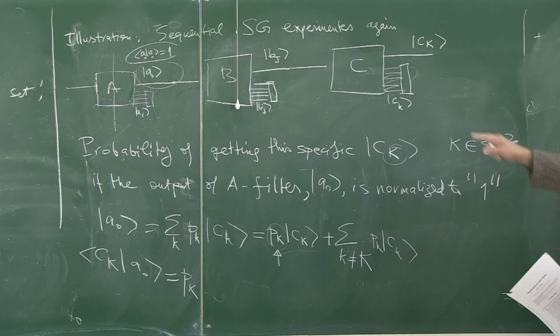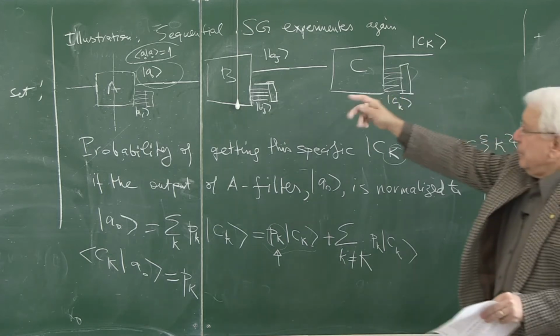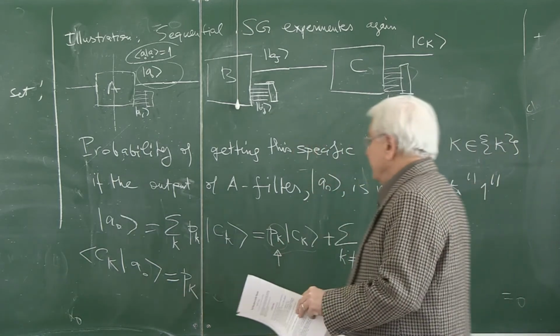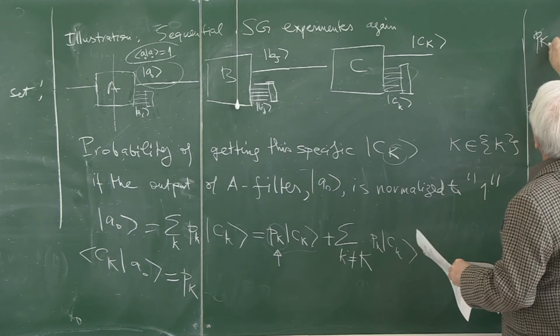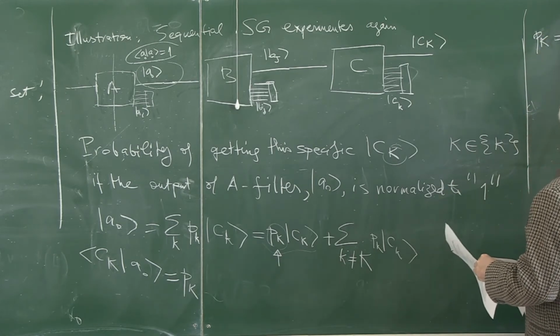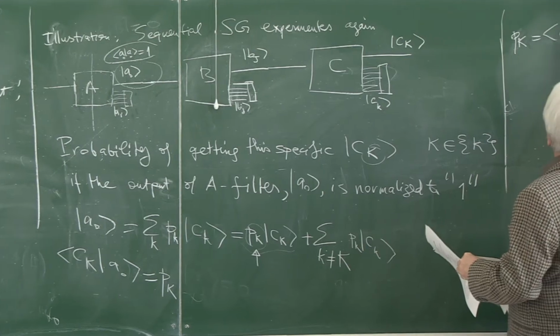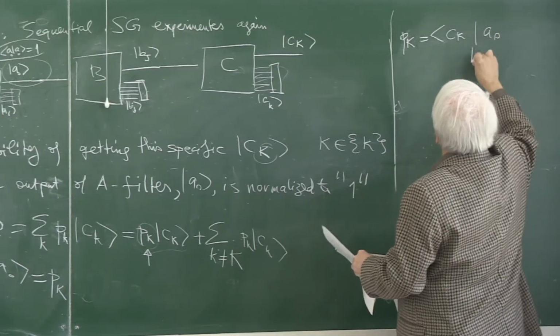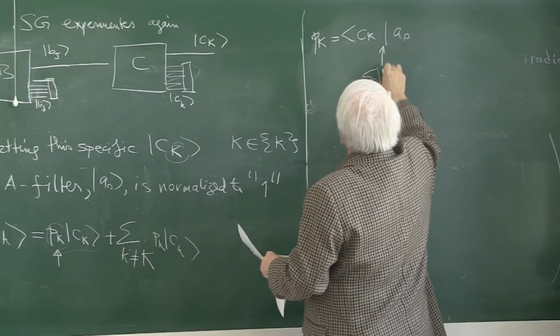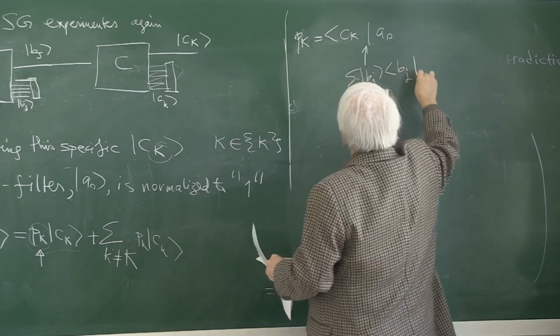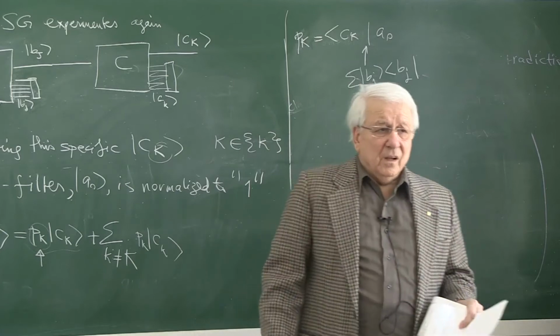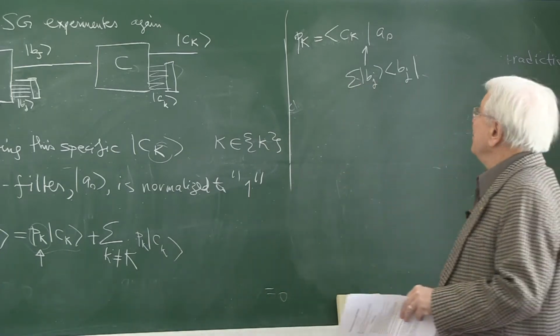They have complete and orthonormal bases, each of them. So I take this little p_k is c_k A0, insert here the |b_j><b_j|, which is identity, right? Associated with the capital B.